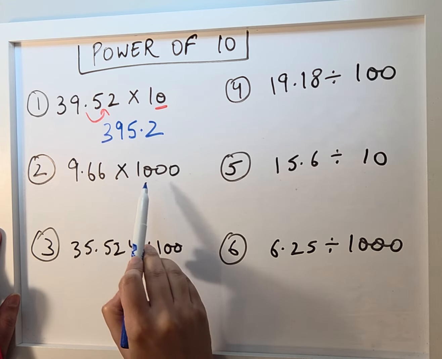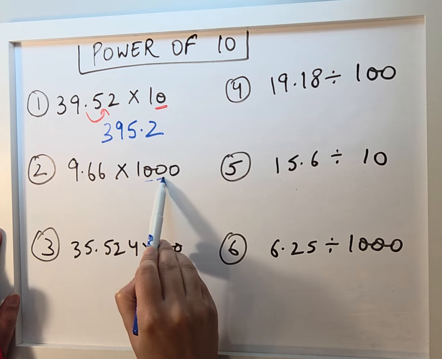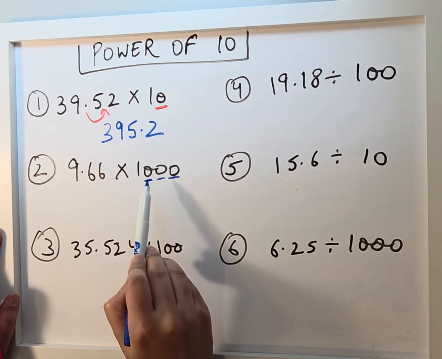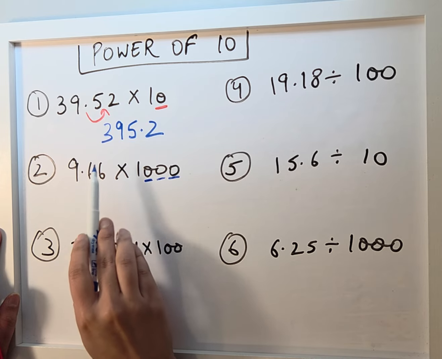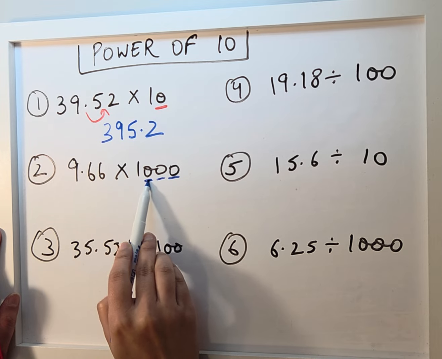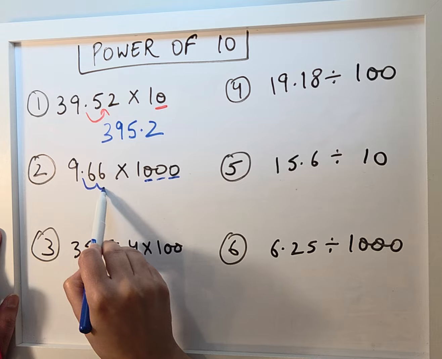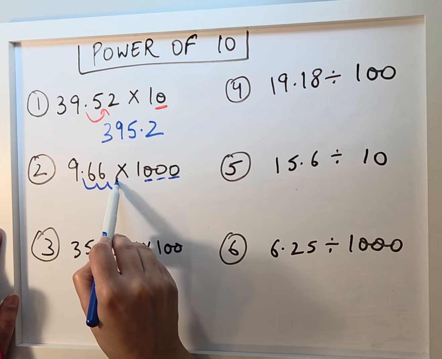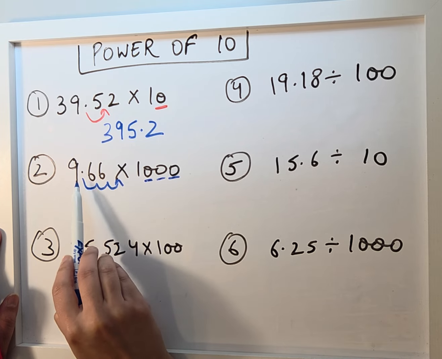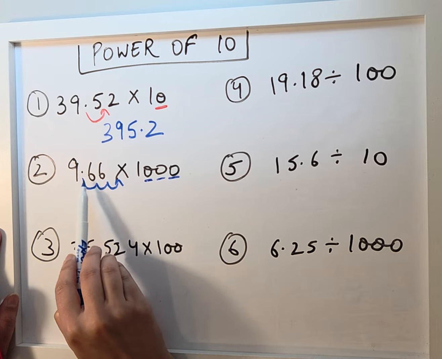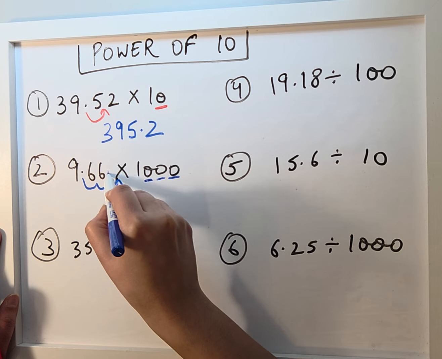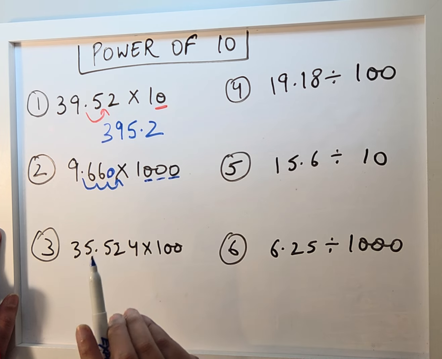Now in the second one, how many zeros do we have? 1, 2 and 3. And we are performing multiplication, so the decimal will move 1, 2 and 3 places. But we have only two numbers after the decimal, so in the empty space we fill a 0.